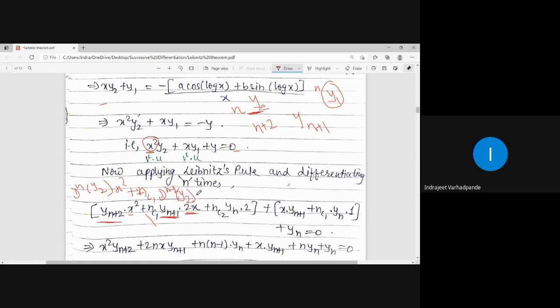U is y2 into d of x square, because d of v is the term, plus nC2 dn minus 2 of y2 into d square of x square. Clear?